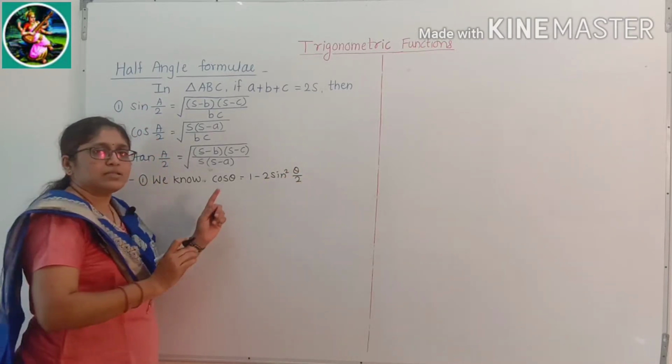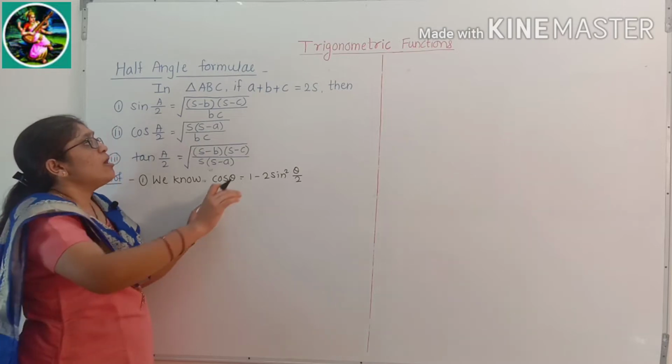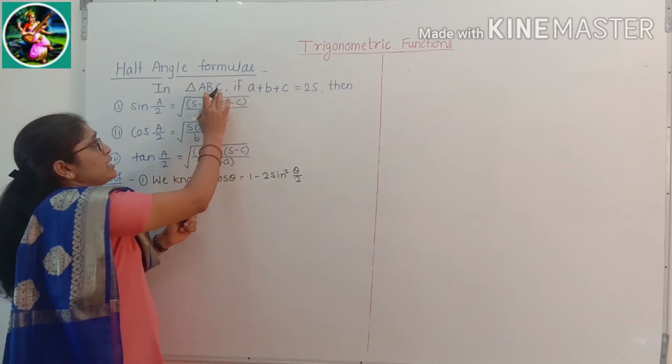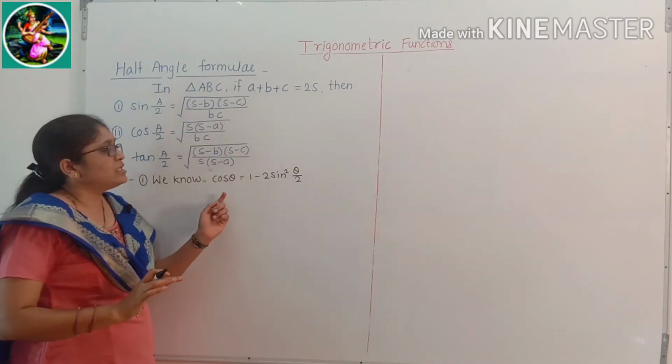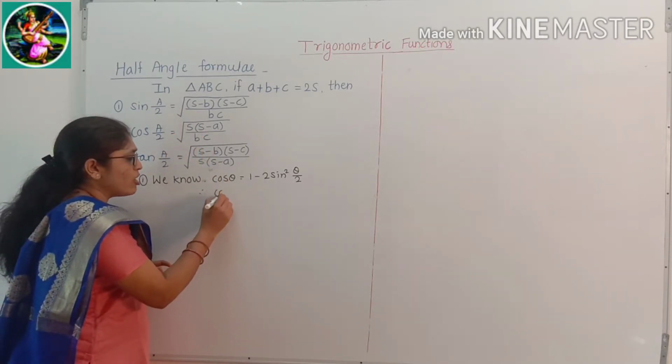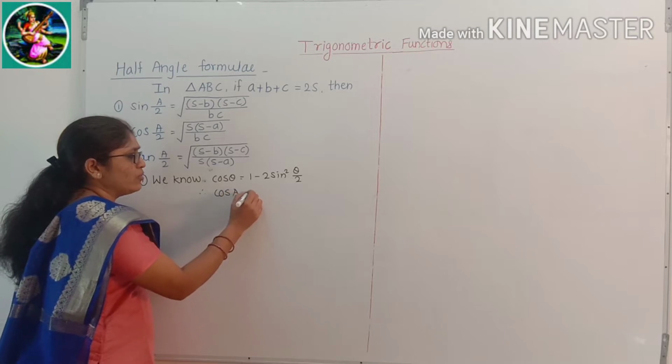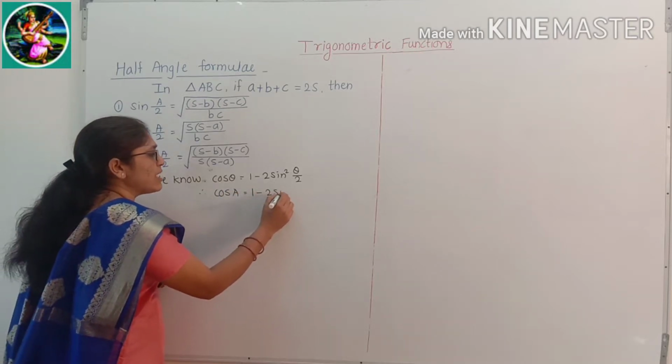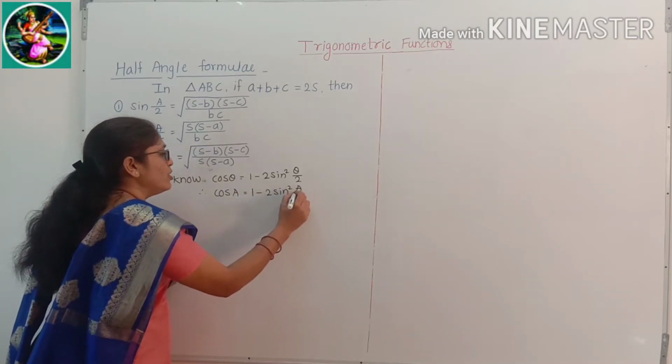Now we consider this formula for triangle ABC, for angle A. Therefore we get cos A is equal to 1 minus 2 sine square A upon 2.